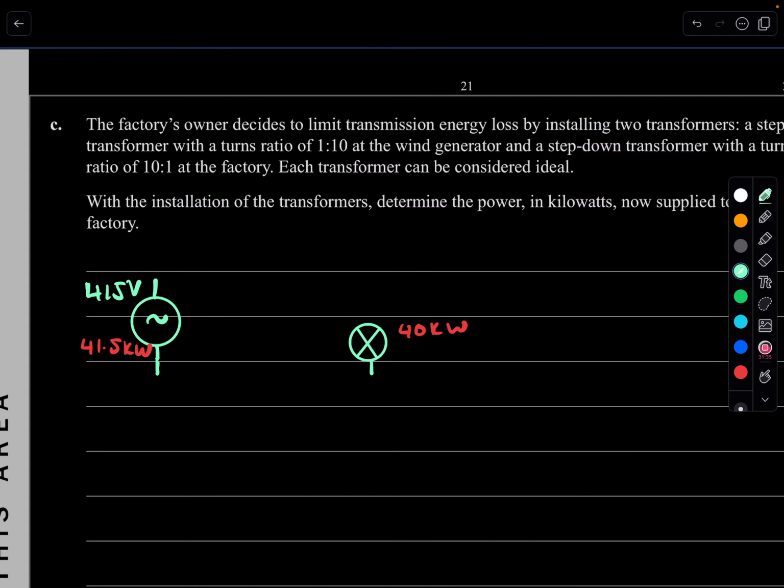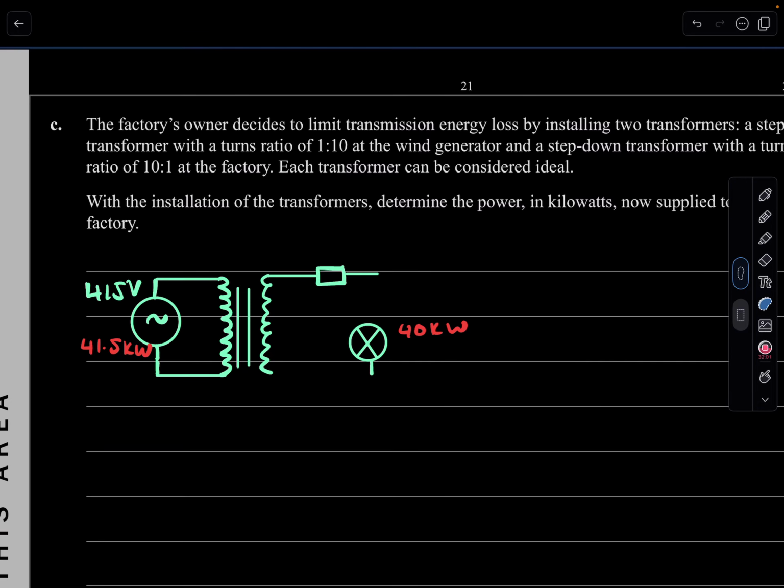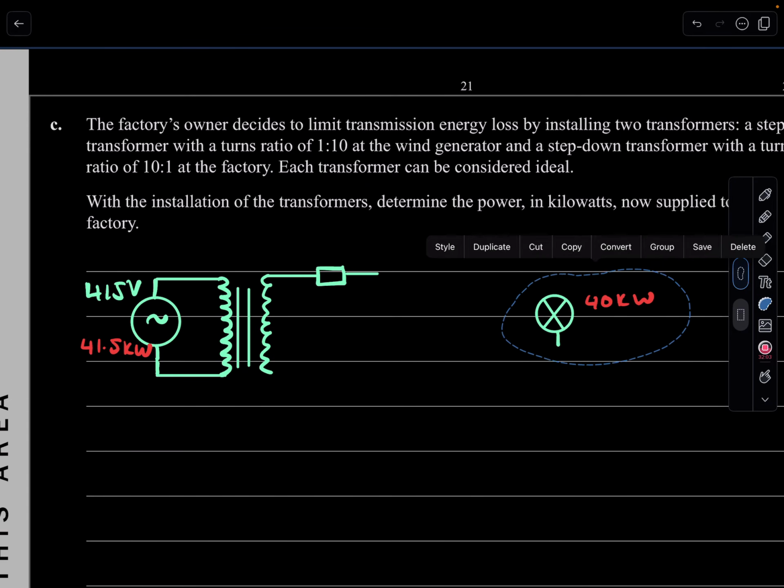So we know that there's a step-up transformer. Let me draw a step-up transformer that was given to the factory. I'm going to draw a nice transformer here. And then, of course, we have a transmission line. Let me move this a little bit this way.